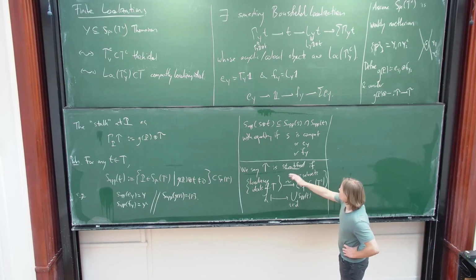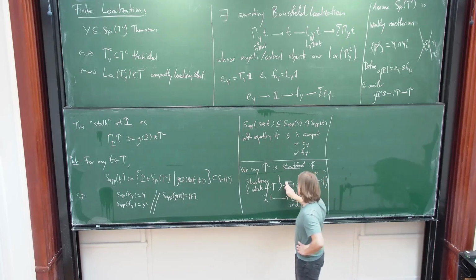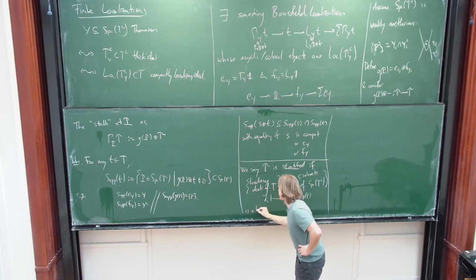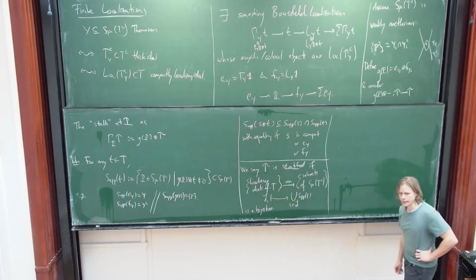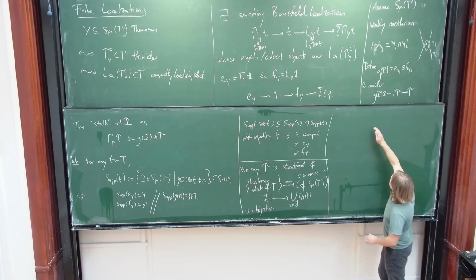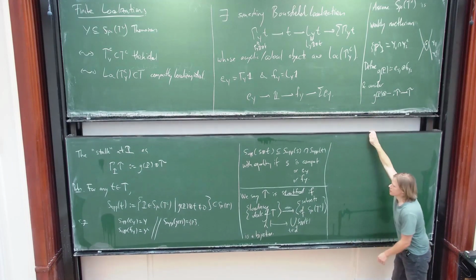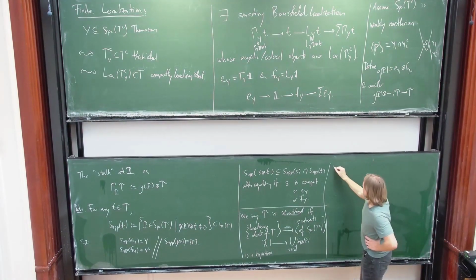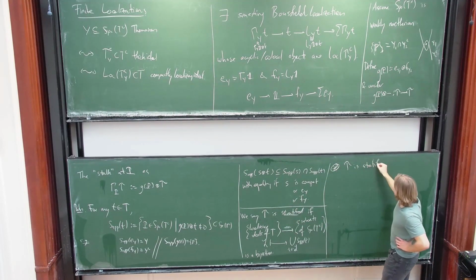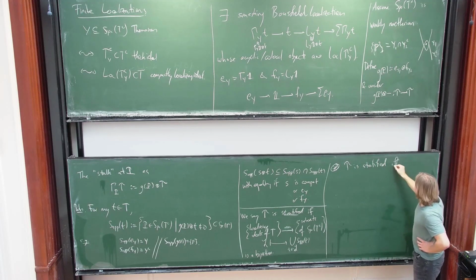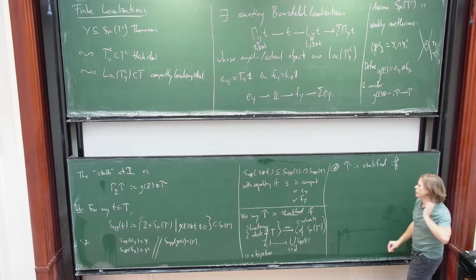Okay, so maybe more precisely, we say T is stratified if this is a bijection. And as mentioned in the previous talk, one can prove that T is stratified if and only if two conditions hold.